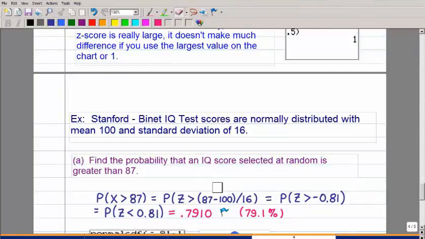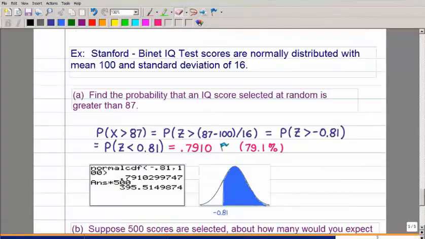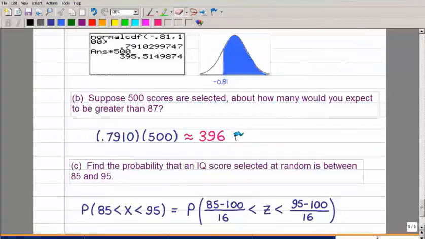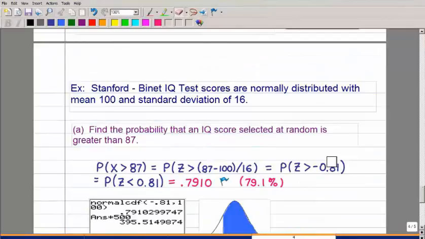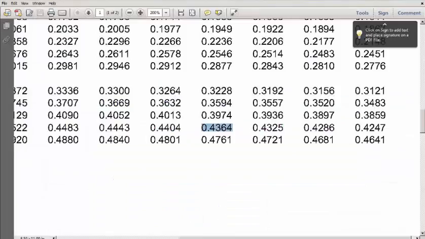I take 87 minus my mean of 100, divided by 16. That rounds to negative 0.81. So it's negative 13 over 16, which rounds to negative 0.81. I'm going to flip it over and change the sign, so I'm changing it to less than, which then makes it positive 0.81. Opposite sign. So you can look up 0.81 on the chart.